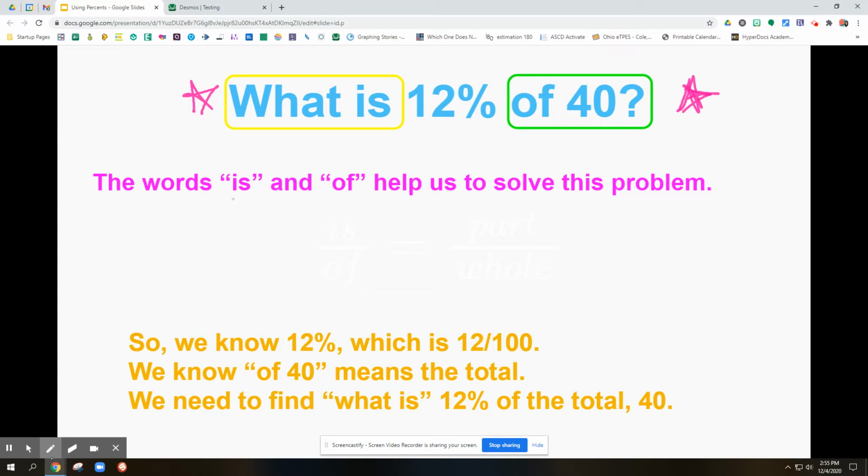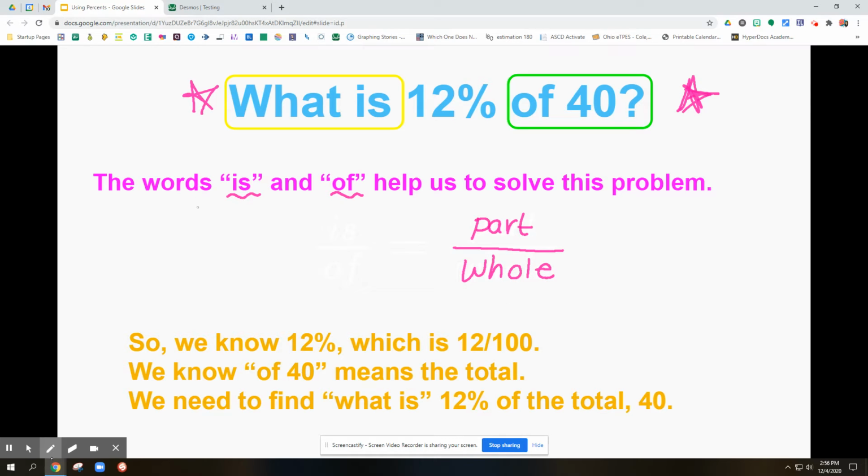So we're going to use something called is over of. So the words is and of help us to solve these kinds of problems if you understand what they mean and what their purpose is in the question. As we talked about in the last part of this video, fractions and percents are parts of wholes, right?